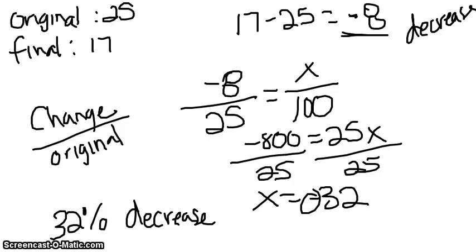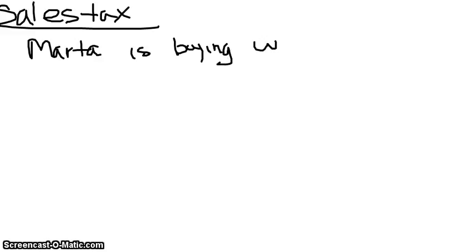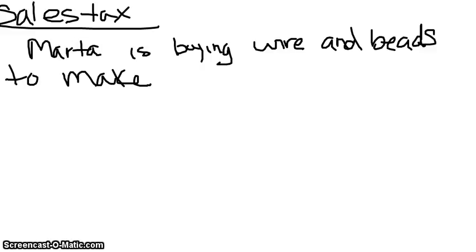Alright, what we're going to look at now is something called sales tax. You guys obviously know what sales tax is. You get it on almost everything you buy. So what we're going to practice is finding what the sales tax is and then adding it so we can get our total. Alright, so this person, Marta, is buying wire and beads to make jewelry.